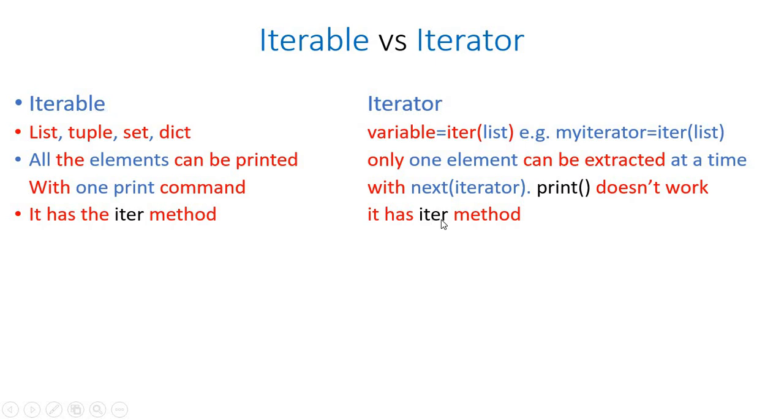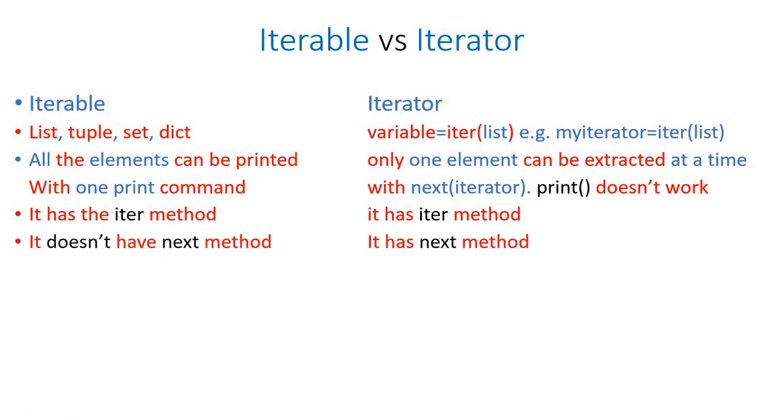However, here the iter command will reconvert an iterator into another iterator. So the iter command can be applied on both iterable as well as iterator. However, the next command can only be applied on an iterator but not on an iterable. If you apply the next command on any list or any tuple, it will not work.